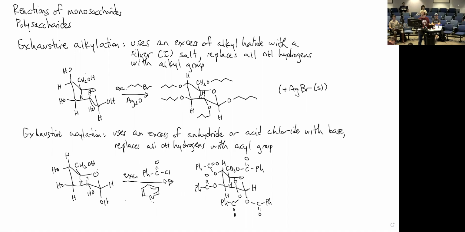In this case, we would get some HCl out of this. So as a byproduct, you would get, in this case, pyridinium chloride, NH plus, Cl minus. So that's effectively an inorganic side product, just a salt. We're not so concerned about that stuff.